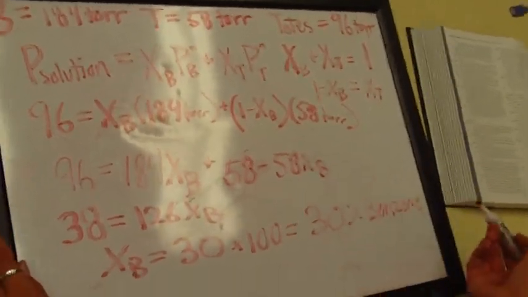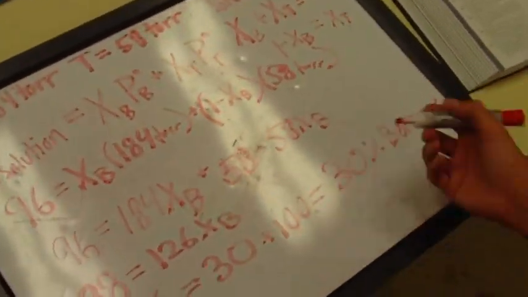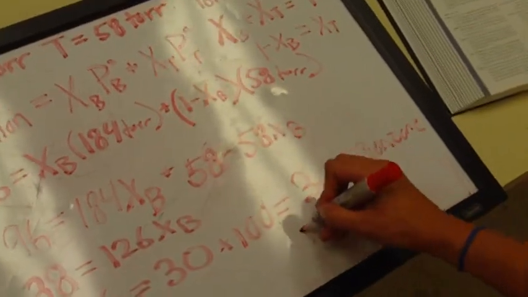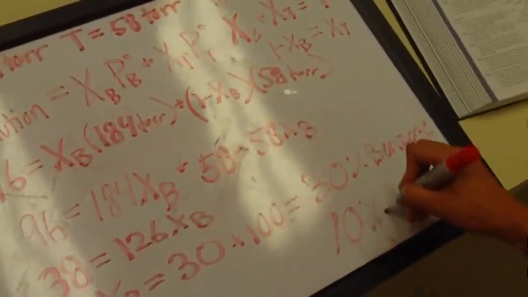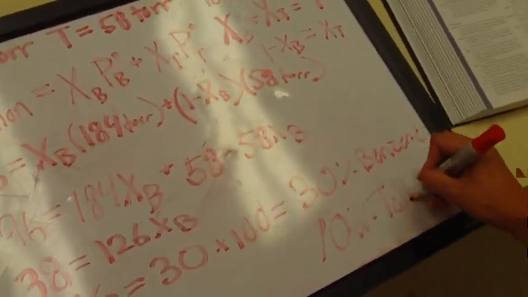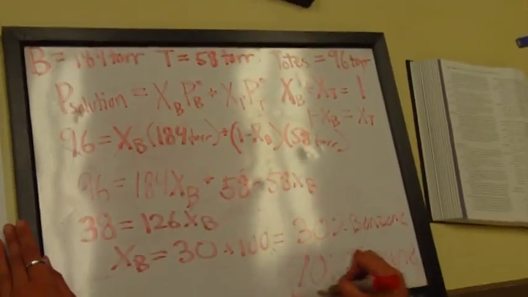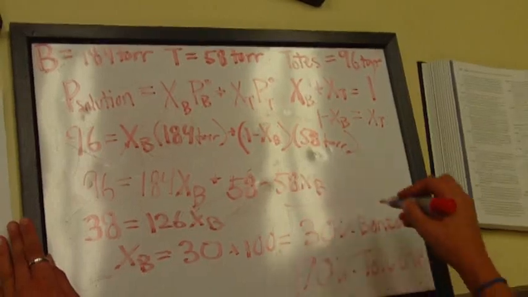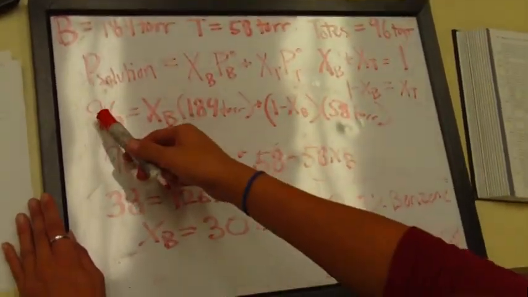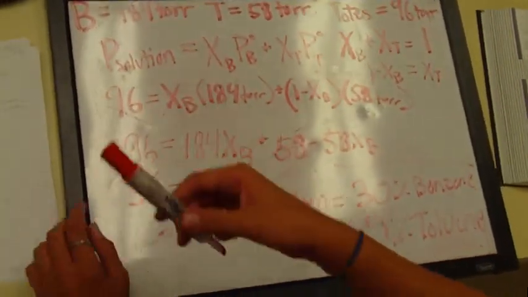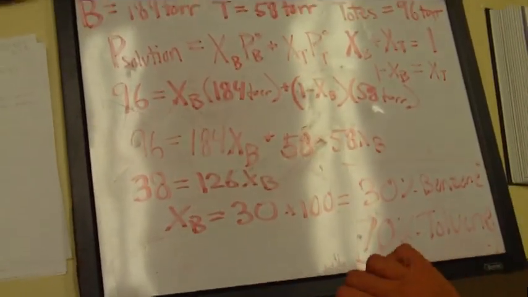So if you have 30% benzene in the solution, then you need 70% toluene. And those are the mole percents that you need to get 96 torr, which is what it asked. And that's the end of that problem. Thank you.